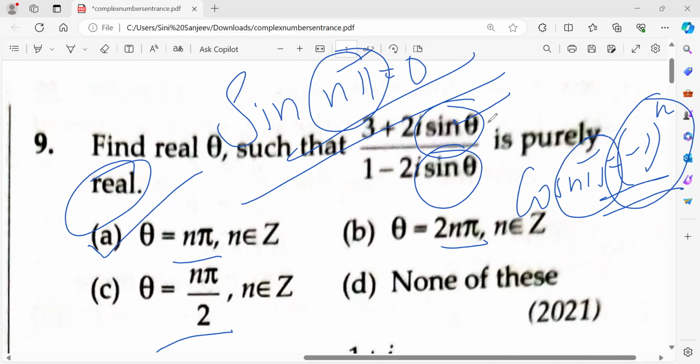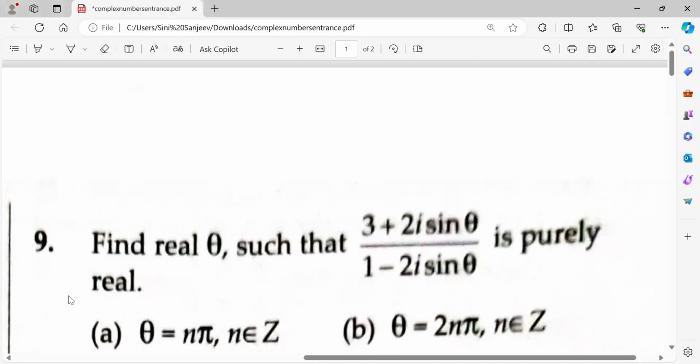So in this kind of theta question, what is the answer? N pi. N pi is the answer. That's a shortcut. Directly, please write it out without thinking too much. Because sin n pi is 0. Okay, so option A is the answer for 9th question.